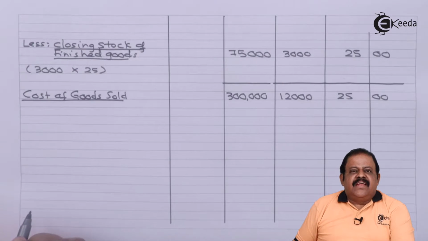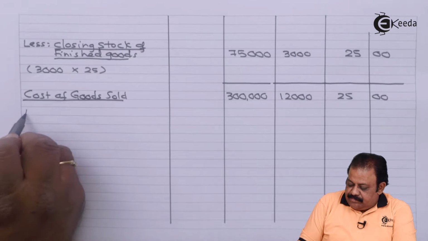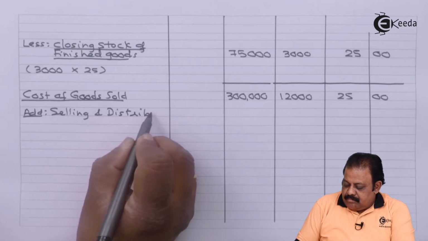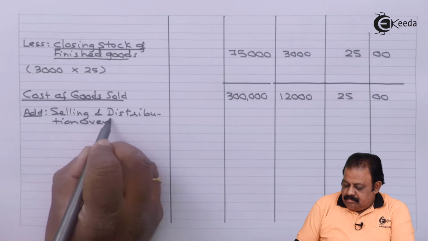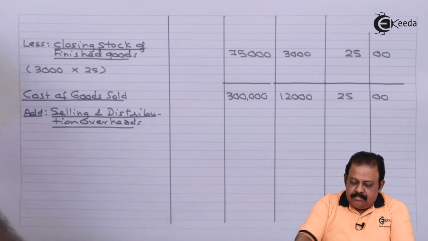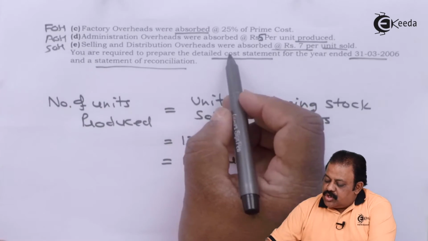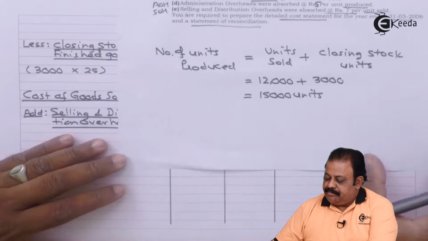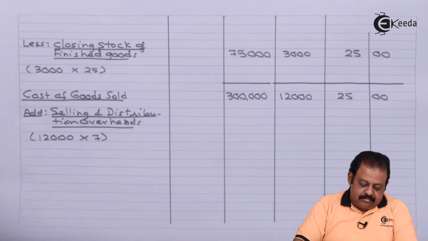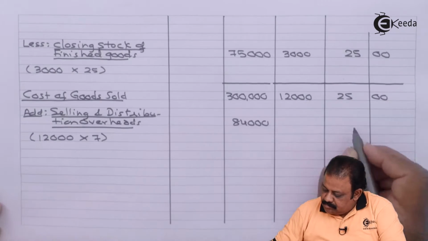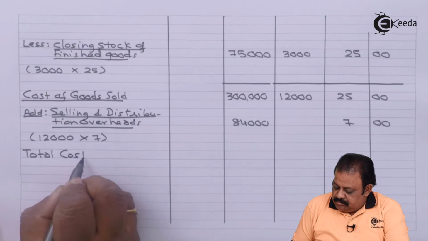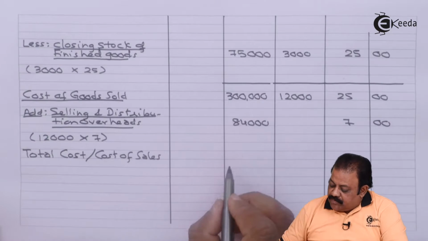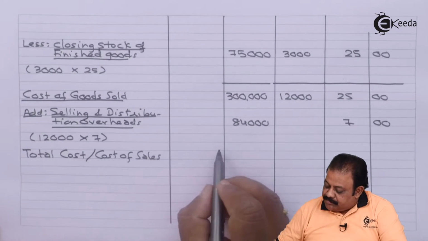To this we are required to add selling and distribution overheads. Selling and distribution overheads were absorbed at the rate of rupees 7 per unit sold. Selling and distribution overheads will be added to cost of goods sold to arrive at total cost.